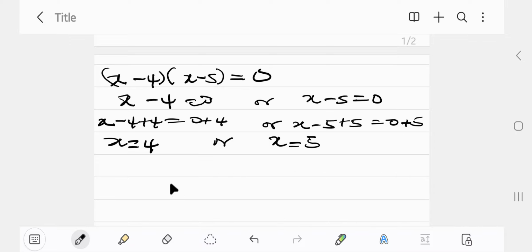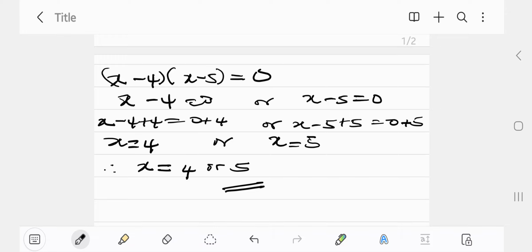Alright, so these are the two values. Therefore, the values of x for which the above fraction is undefined are x equal to 4 or 5.